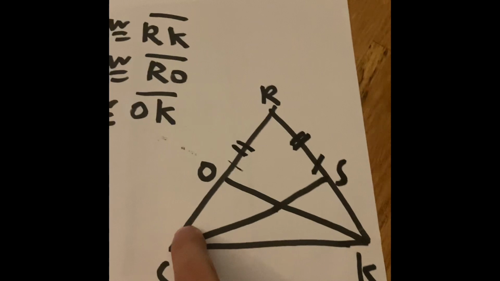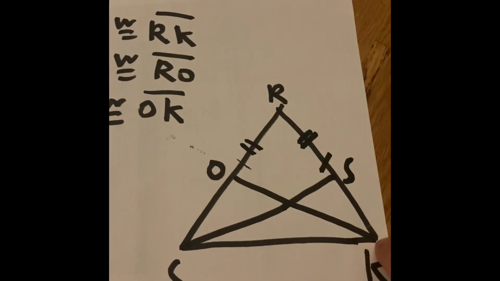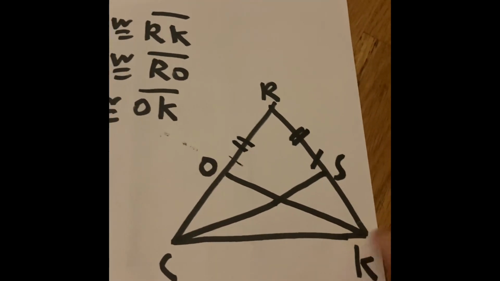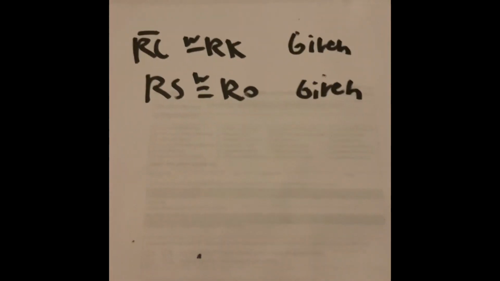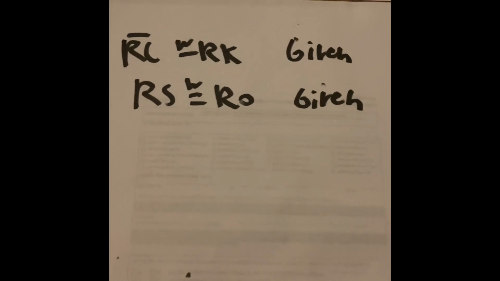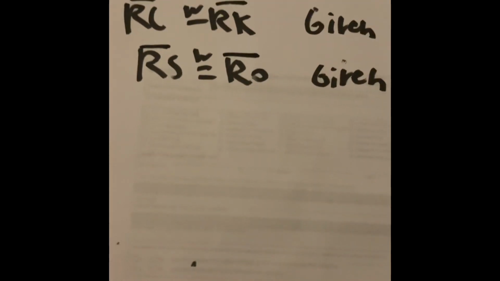So we have to prove that this line and that line are congruent. But how? Let's put in our givens first. Okay, so here are our givens. RC and RK are congruent as segments, and segments RS and RO are congruent.